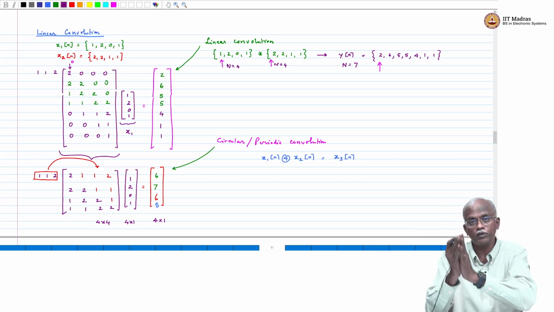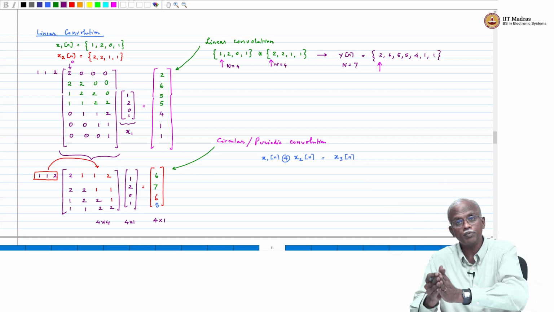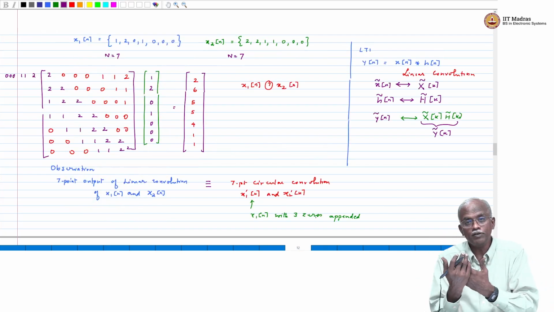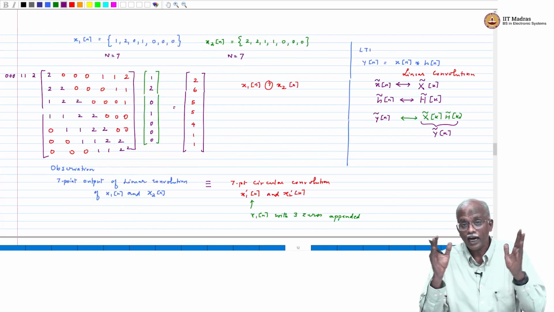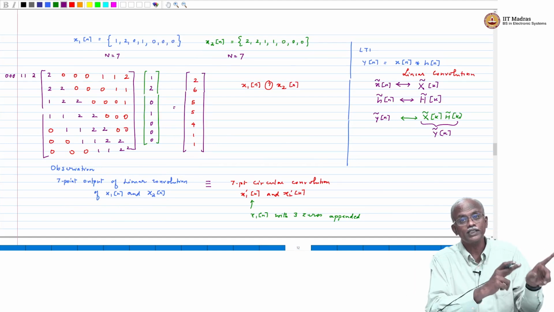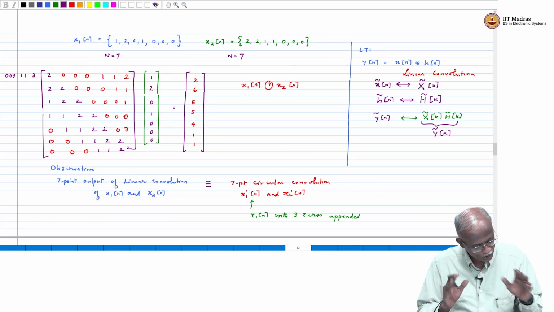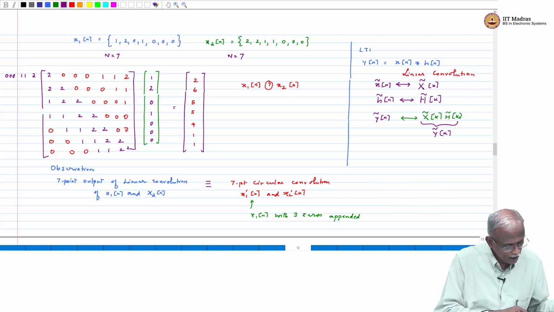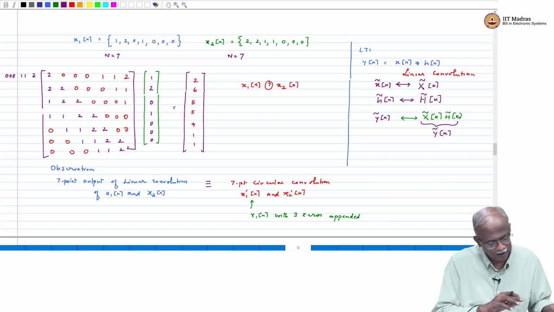When I do the circular convolution, I produce another periodic sequence. Now the same thing, if I append a sufficient number of zeros, I am still doing periodic convolution. However, the output looks the same as the linear convolution. So that is an important result which we will leverage, and that we will try to utilize in multiple ways.